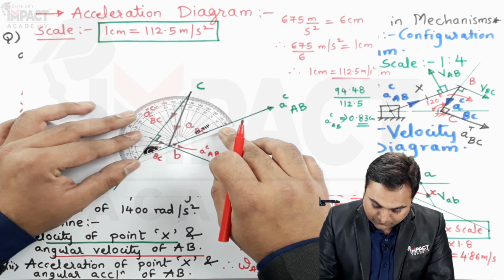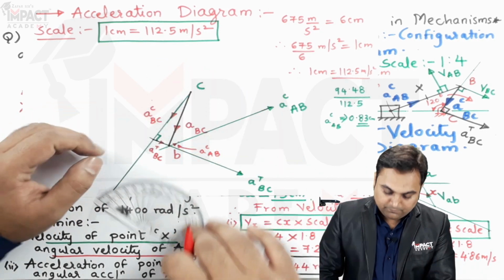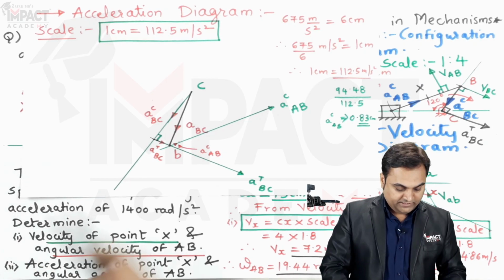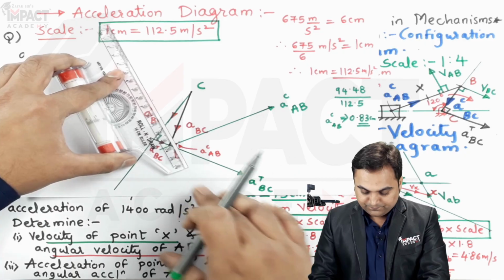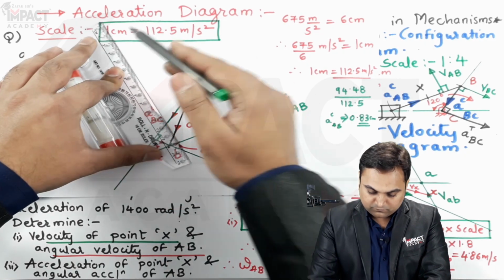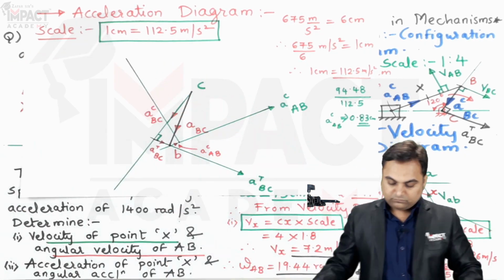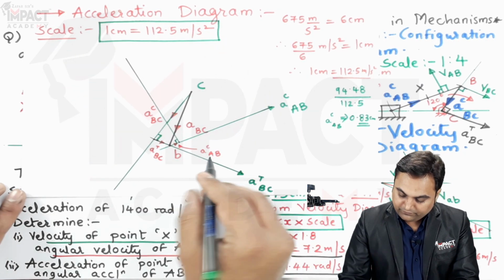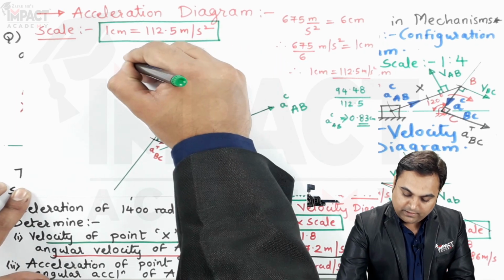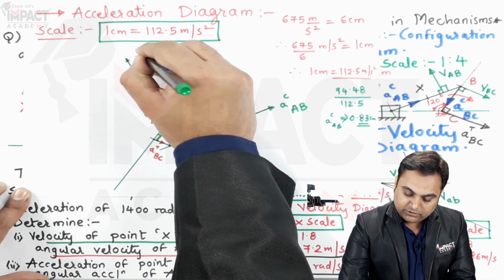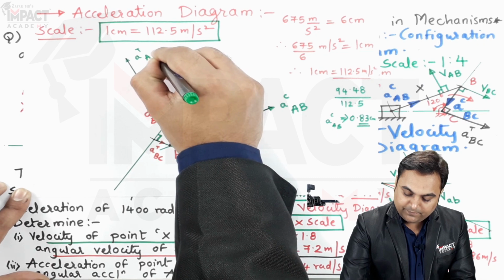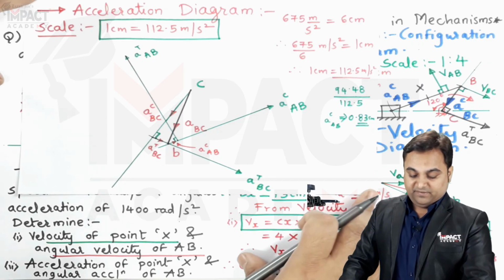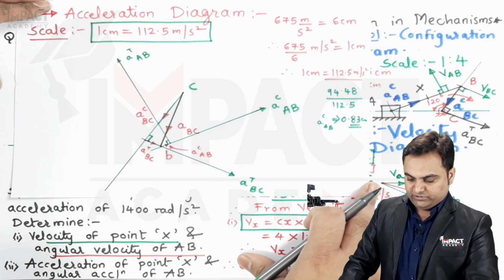Remember this, measuring 90 degrees and drawing a light line which would be extended upwards. Now this line which I have drawn is perpendicular to this centripetal acceleration of AB, and the vector shows the tangential acceleration for length AB. Now where it is going to cut, that point we don't know because the magnitude is not known to us.